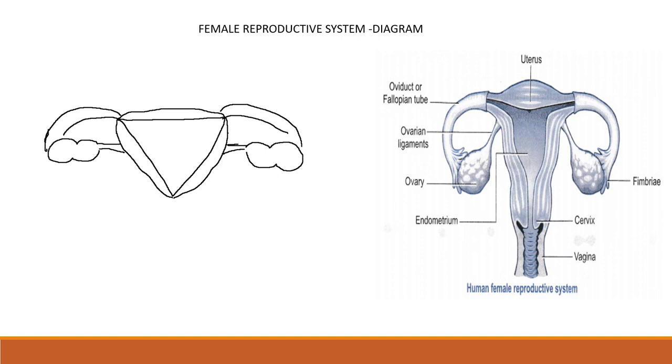I'll erase it, and I'm going to make it more curvy. And here you can draw the fimbriae. Here also you can draw fimbriae, the end part of the fallopian tube.